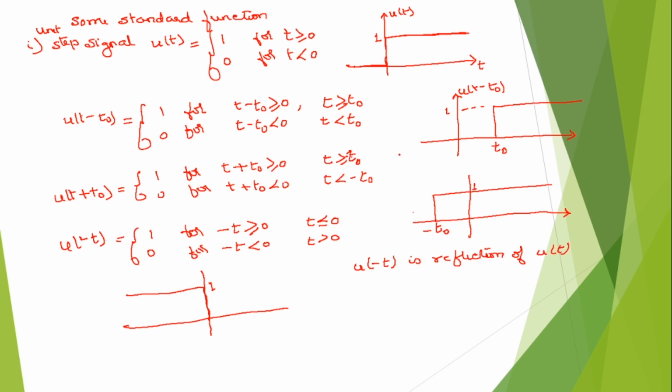For u of t, t greater than 0 it is 1; for u of minus t, t less than 0 it is 1. So it is a reflection. Now this is about the step signal.